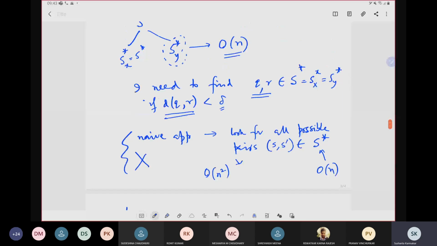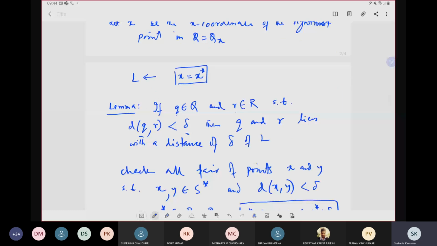Because for every point in S star, I'm comparing it with all the other n minus 1 points, all the other order n points, in the search for this potential Q and R. But the earlier lemma says that if such a Q and R exist, they will lie within a distance of delta from this line L.